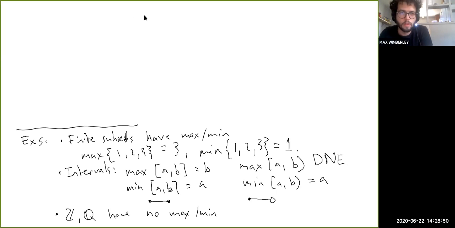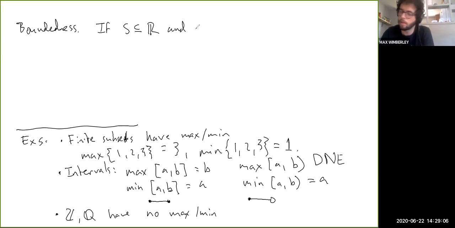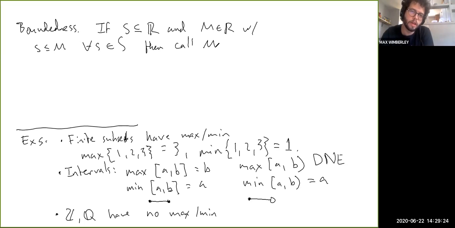So let's see. Now boundedness. If S is a subset of R, and let's say M is a number with s less than or equal to M for all s in S, then we call M an upper bound of S, okay?